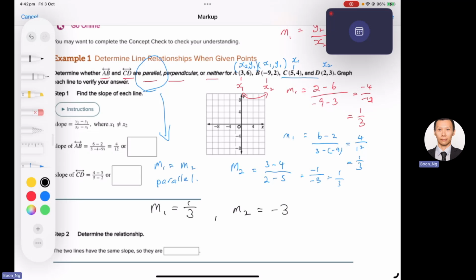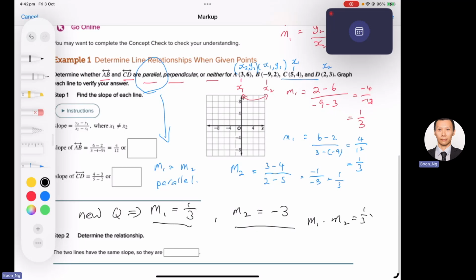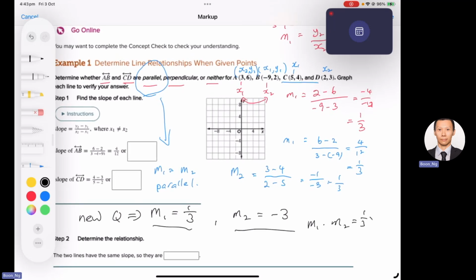This is a new question. m1 is 1 over 3, m2 is -3. m1 times m2 is 1 over 3 times -3.